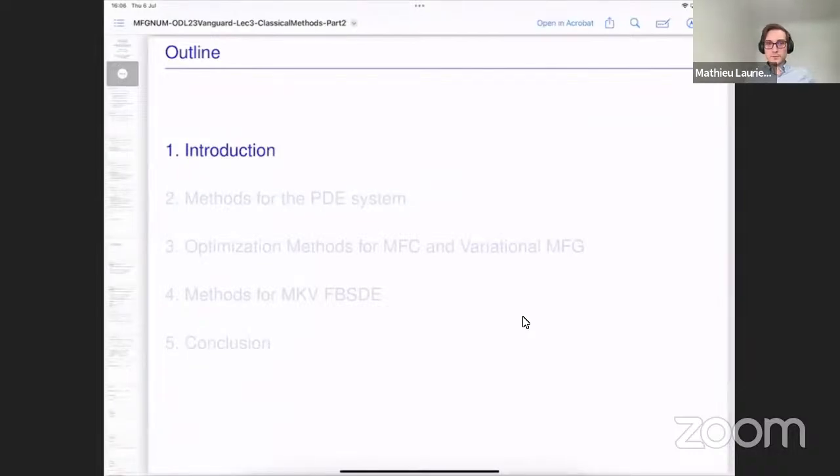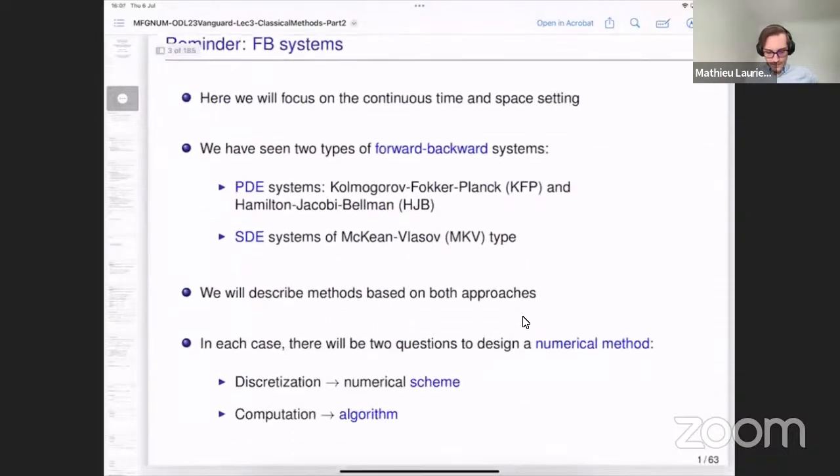Then I will spend one section on optimization, which is also based on the PDE viewpoint, but doesn't directly tackle the PDE system, but rather uses a variational viewpoint on mean field games, and then we can, based on that, develop optimization techniques. And then section 4 is about MKV FBSDEs.